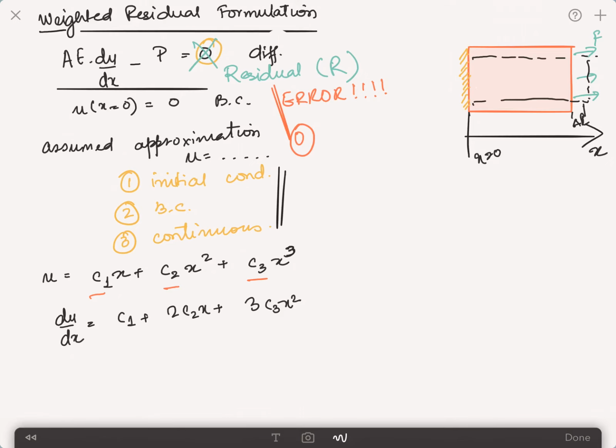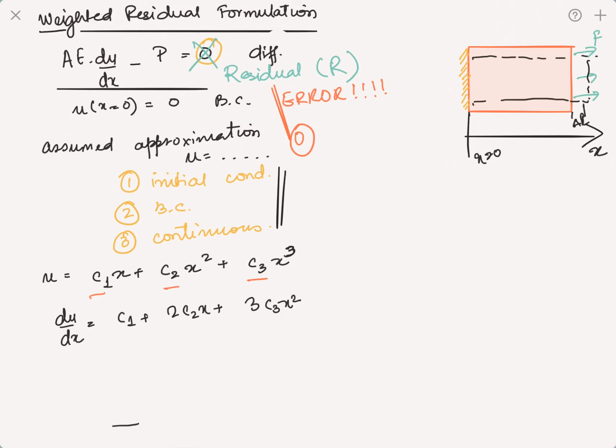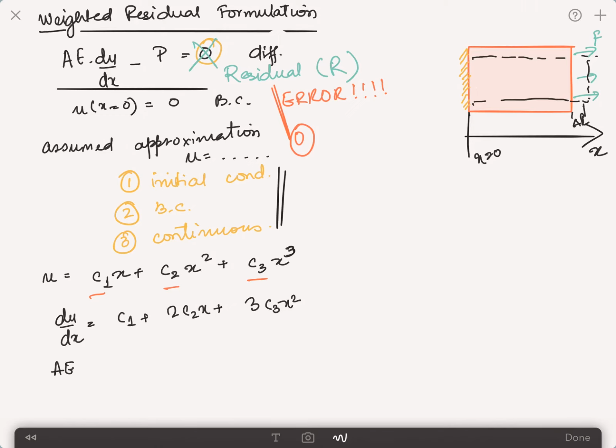Substituting this back into the differential equation, I can write it as AE times (C1 plus 2 C2 x plus 3 C3 x squared) minus P, and this will be equal to the residual R, because it's not equal to 0. So that is the formulation of the residual.